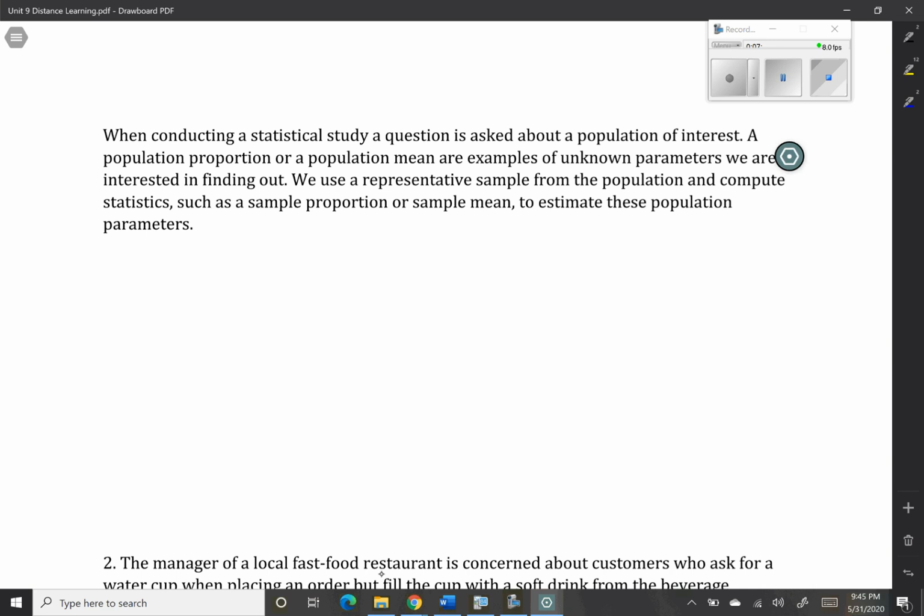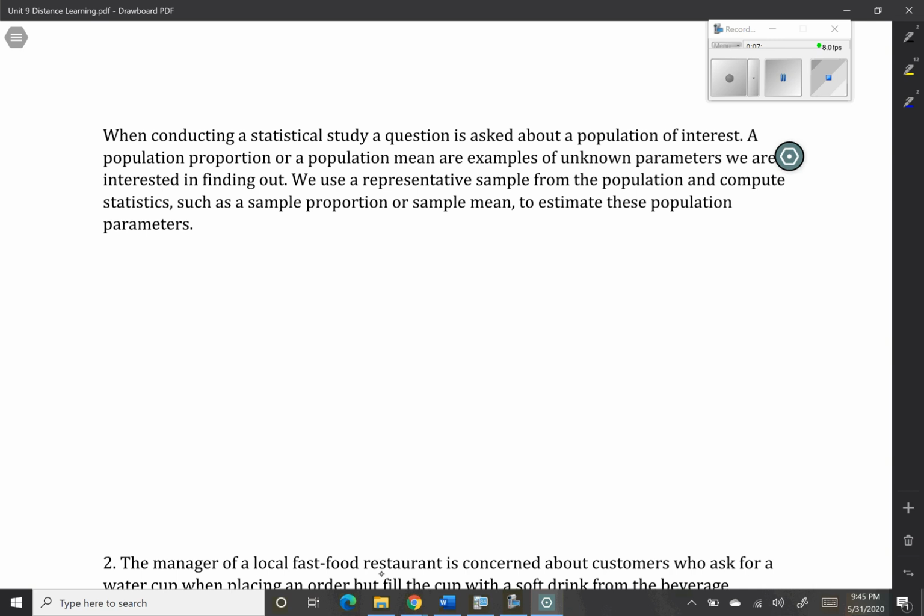Right? So it says, when conducting a statistical study, a question is asked about a population of interest. A population proportion or a population mean are examples of unknown parameters we are interested in finding out. So what does that mean? Population proportion is the proportion of a population that favors something.